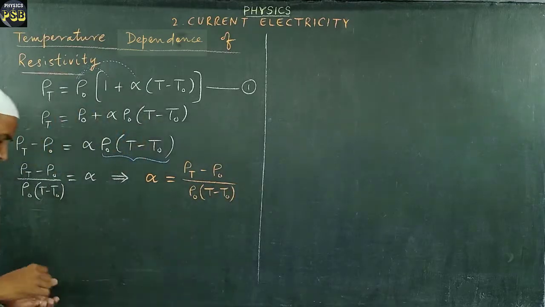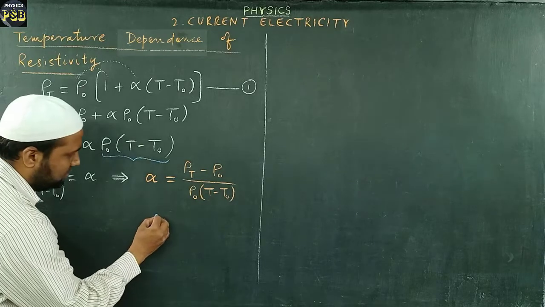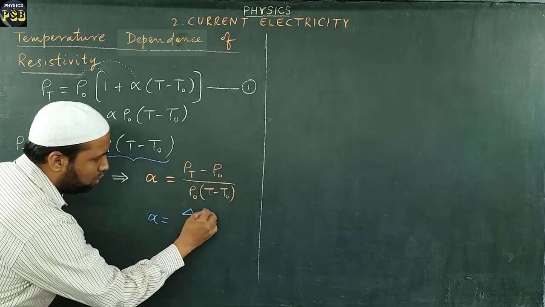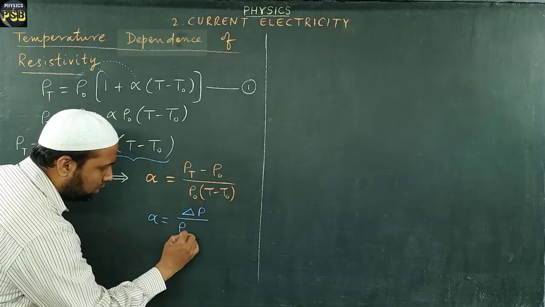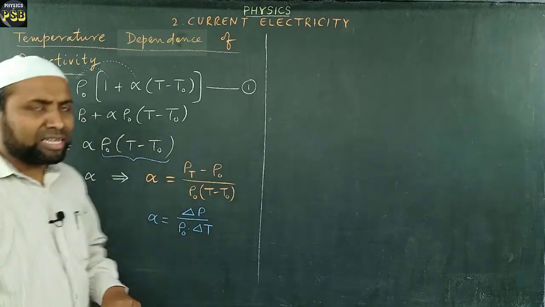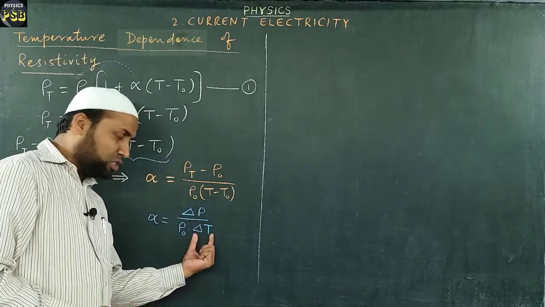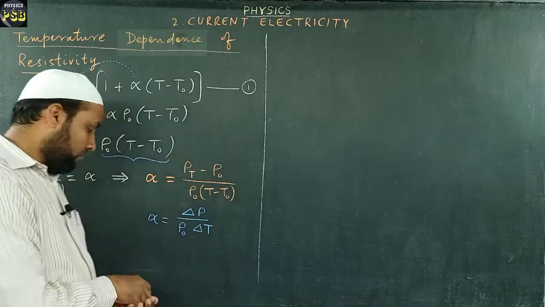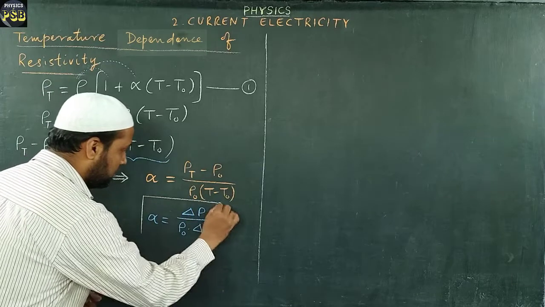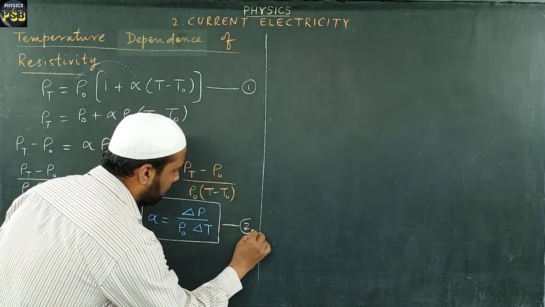Now this expression can be written as alpha equals delta rho upon rho naught delta capital T. Here delta rho is change in resistivity for a change in temperature delta T. Now I box this. I take this as equation number 2.